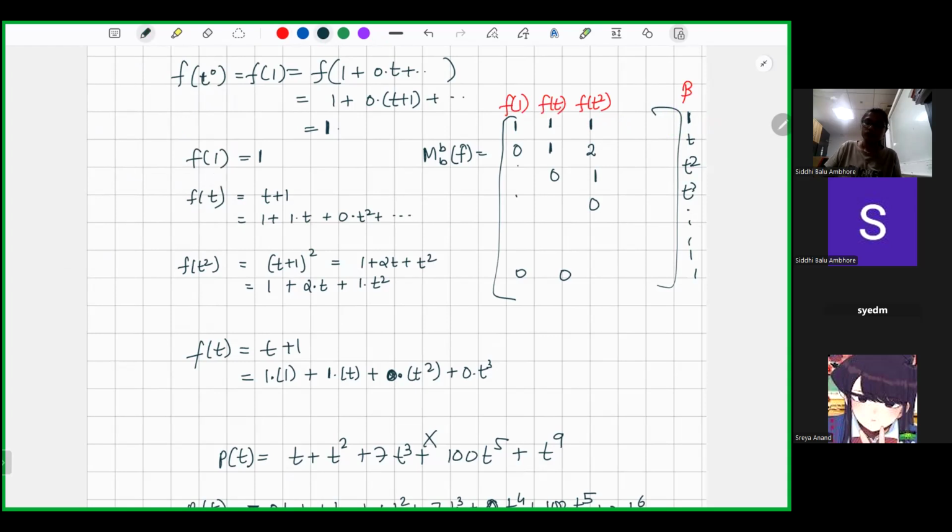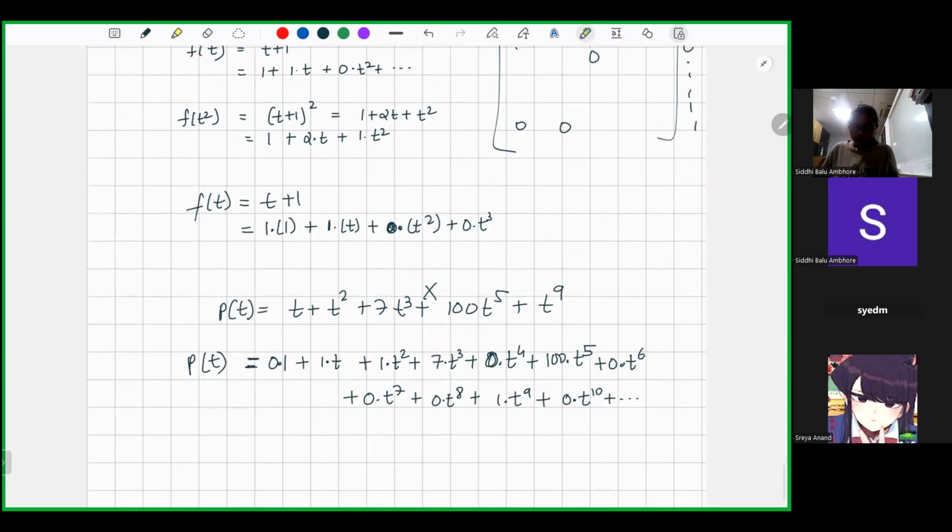So corresponding to 1 here, whatever is the coefficient in f of t square, I have to enter it here. For example, when I am talking about f of t square, which is simply 1 plus 2t plus t square.